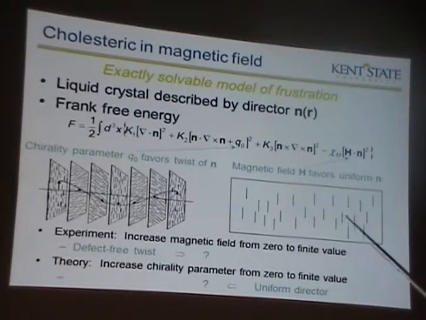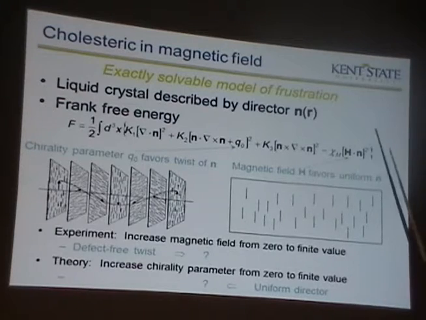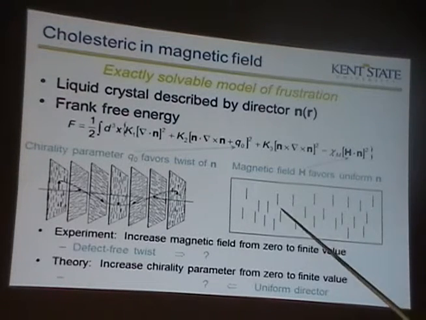Theoretically, I want to think about it in the opposite direction. Let's take this uniform system under a magnetic field and gradually tune up the chirality parameter, which would correspond to putting more chiral dopant into the system, which is not a normal experiment to do, but it's just a different way of moving through the phase diagram.